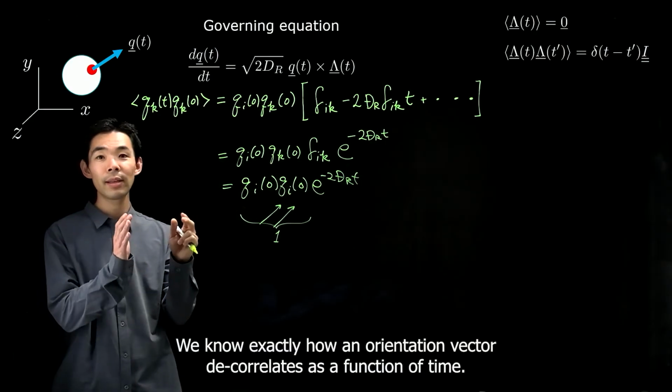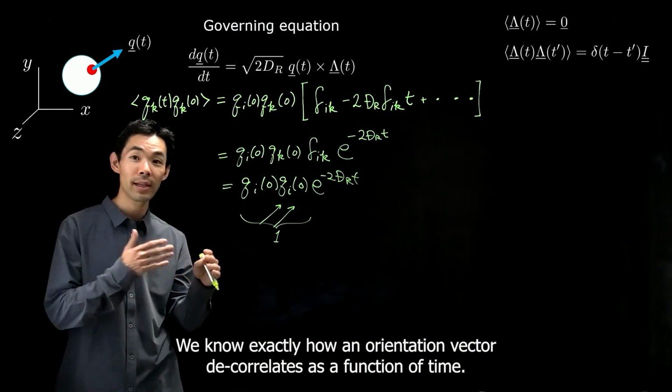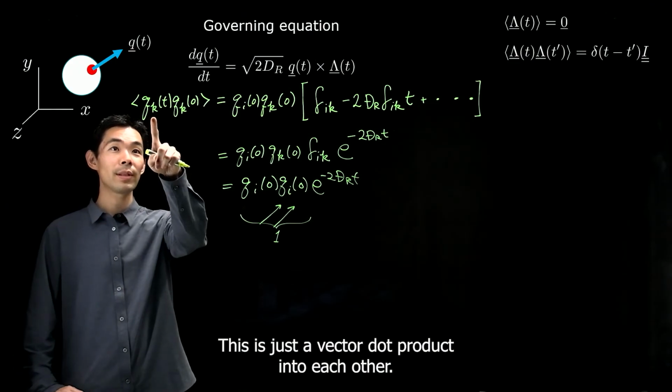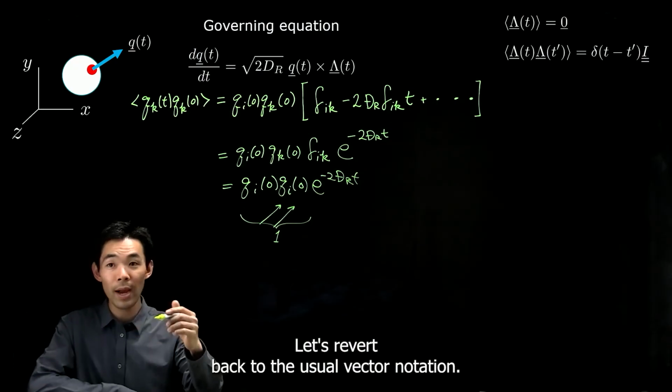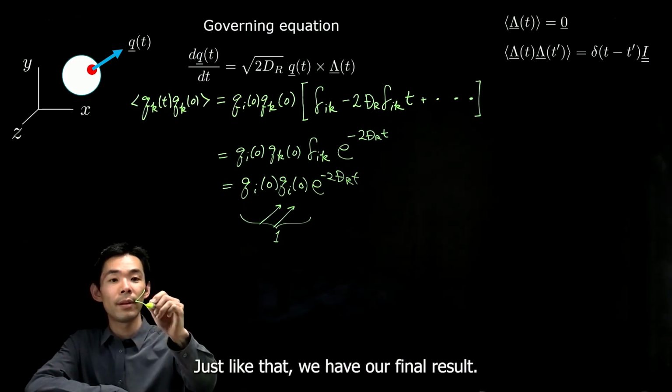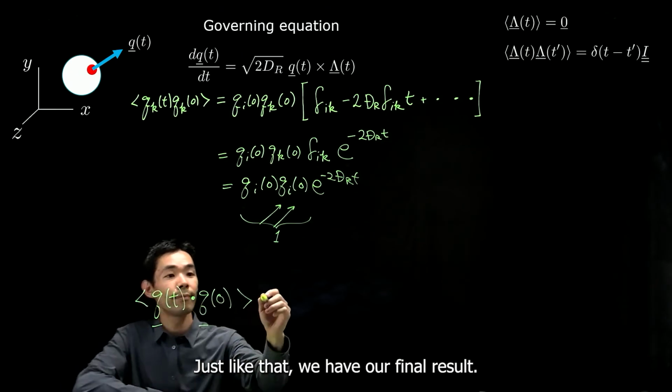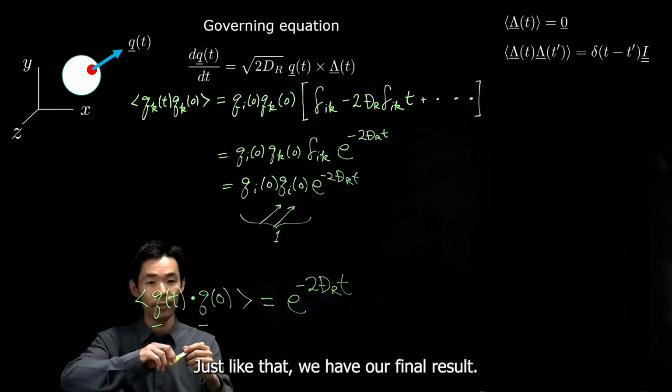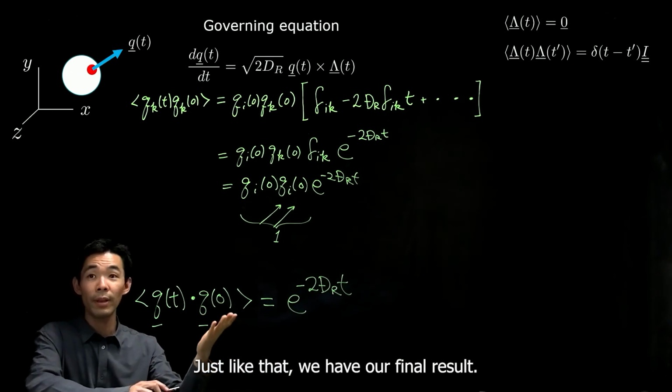We now know exactly how an orientation vector decorrelates as a function of time. So of course, this is just a vector dot producted into each other. So let's revert it back to the full vector notation. We have, and just like that, we have our final result.